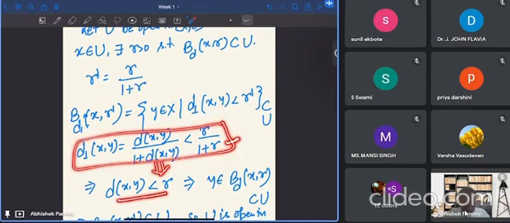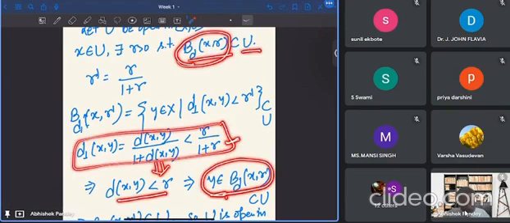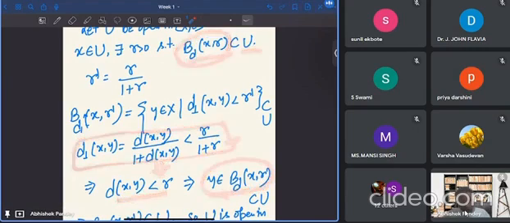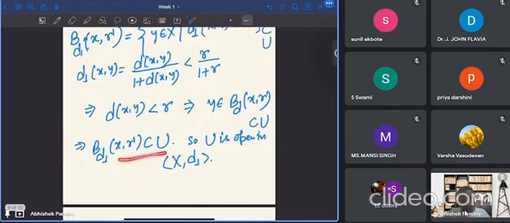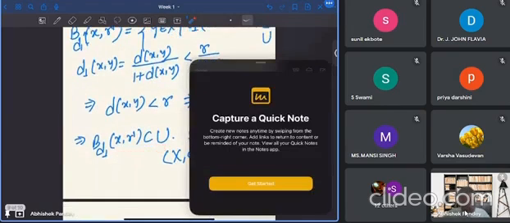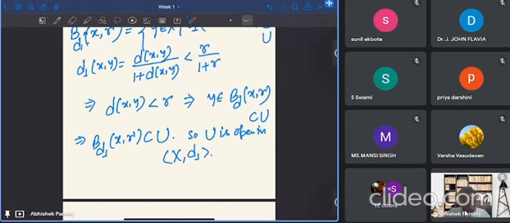It means that y belongs to this ball, and this ball is contained in U, so y belongs to U. This will hold for any y, so this whole thing will be contained in U, so U is open in this metric.